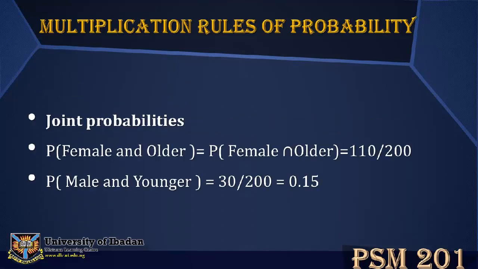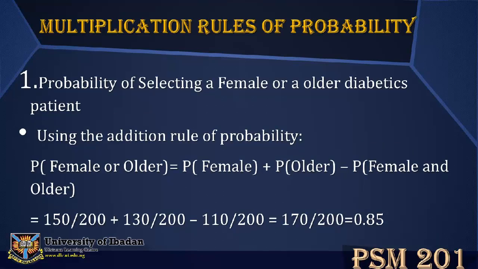Joint probability. P(female and older) equals P(female intersect older), that is 110 over 200. P(male and younger) equals 30 over 200, which is equal to 0.15. Probability of selecting a female or an older diabetic patient using the addition rule of probability.